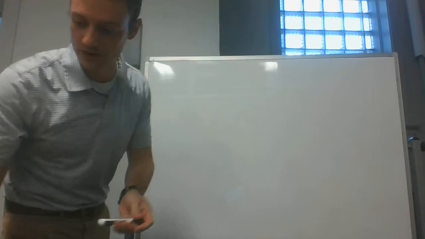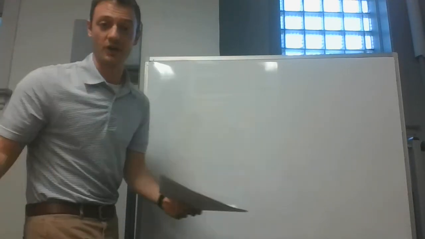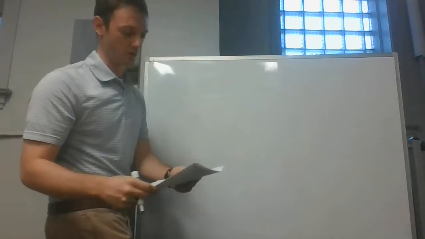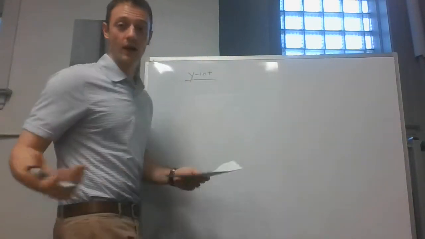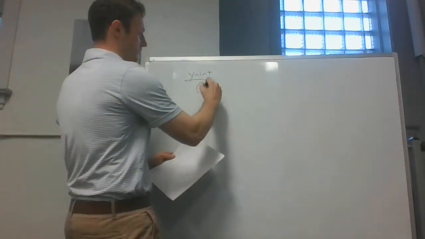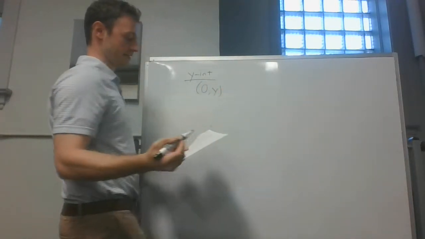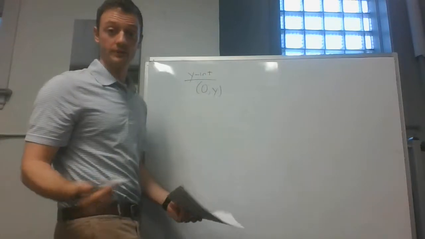All right, the next thing I want to talk about is intercepts. This is really simple. You guys probably remember this from algebra. I just want to review it real quickly. To find the y-intercept, just plug in 0 for x and solve for y, right?